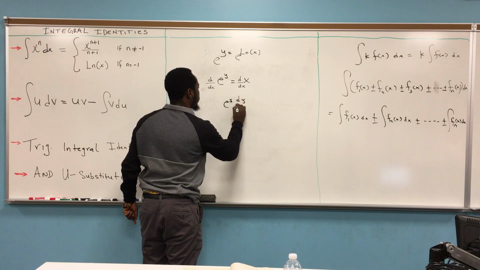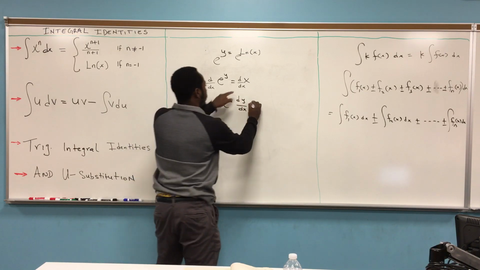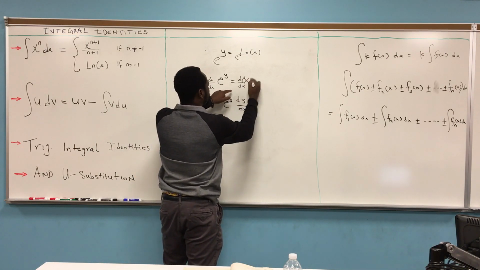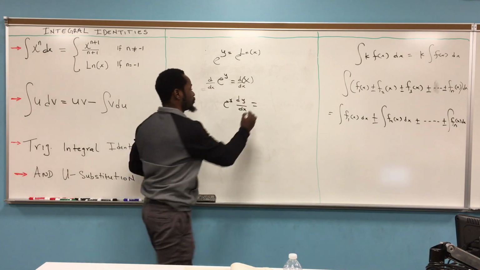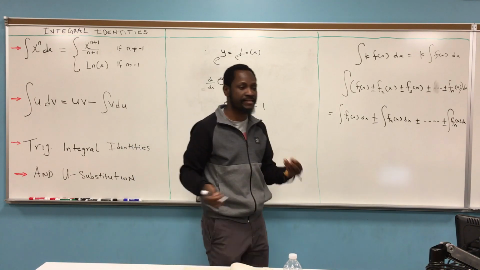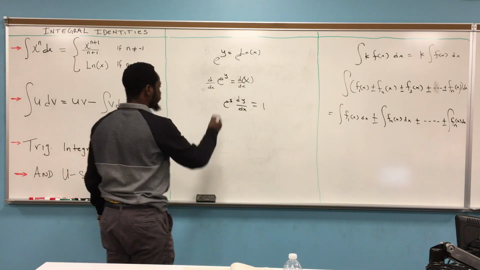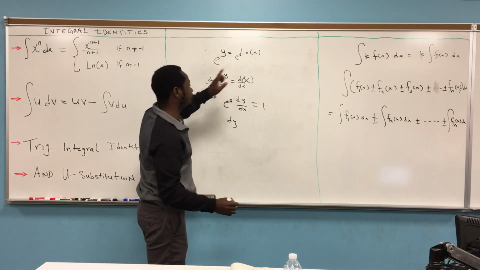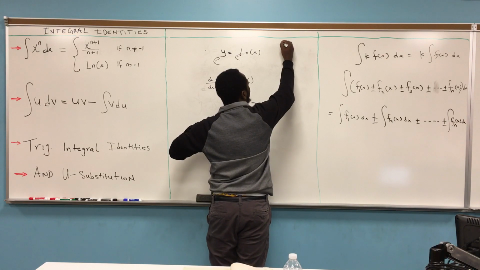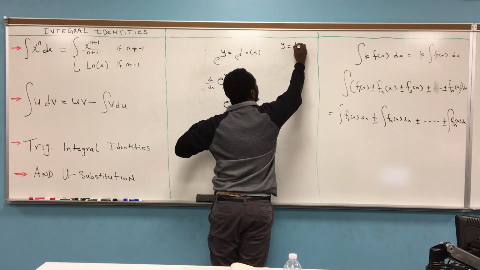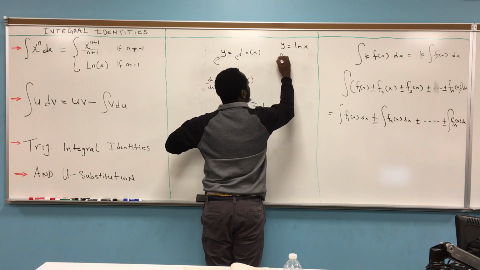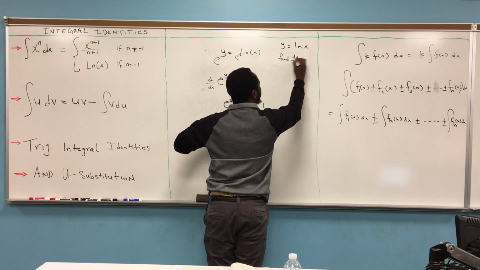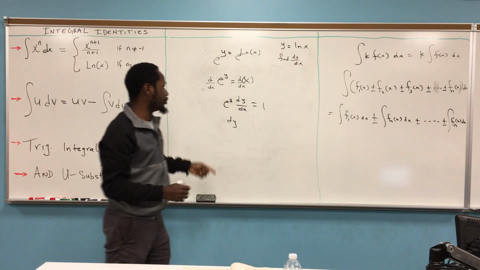So we have dy dx here. And when we take the derivative of x with respect to x, we just get 1. Now I can make this the subject because the original problem is y is equal to natural log of x, find what? dy dx, right? That's what we're trying to do.